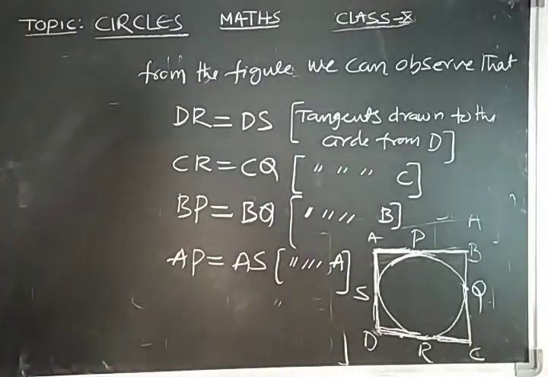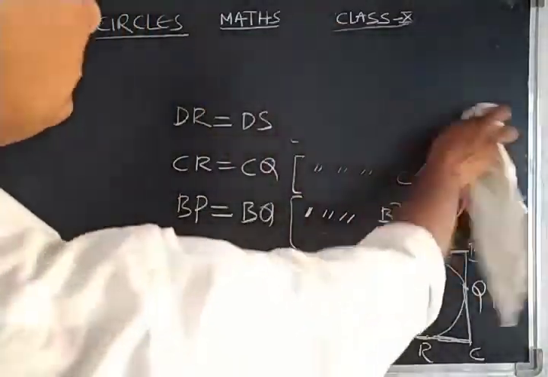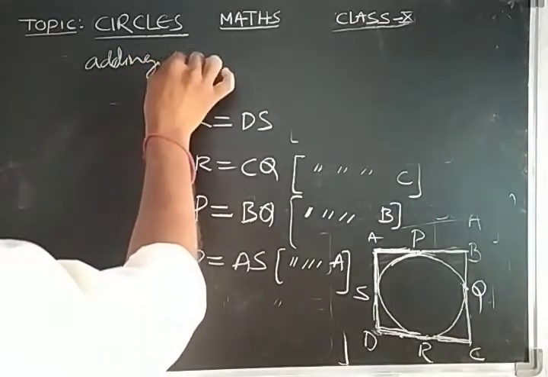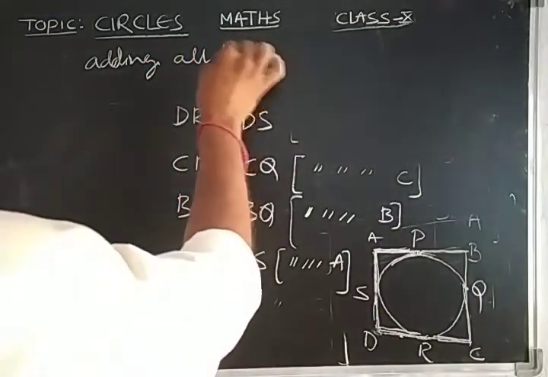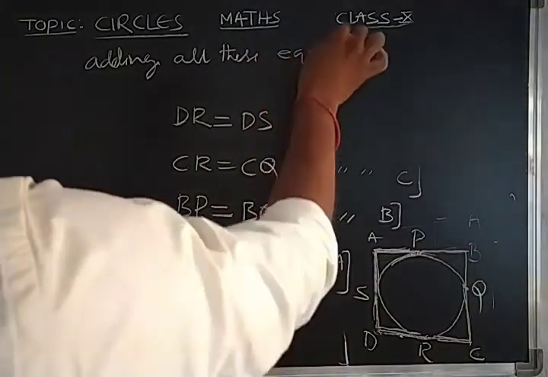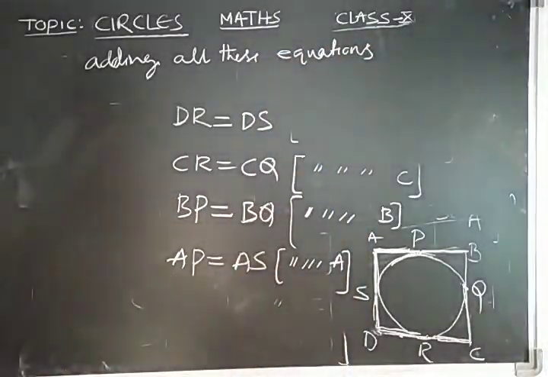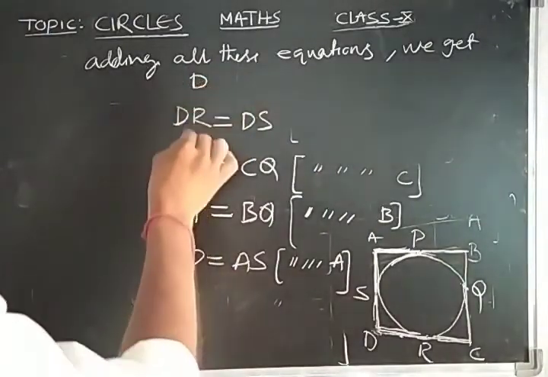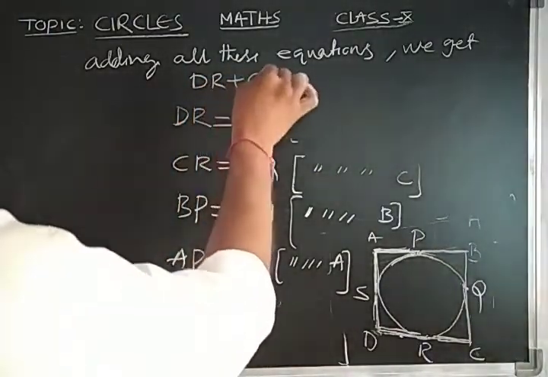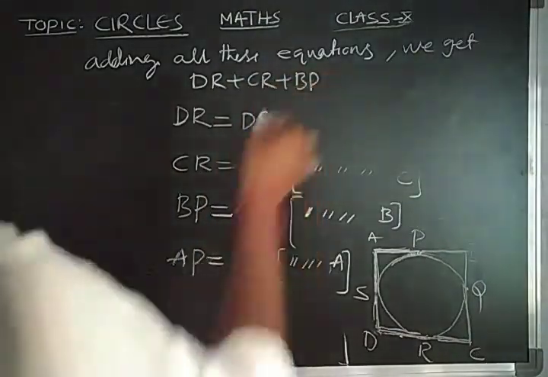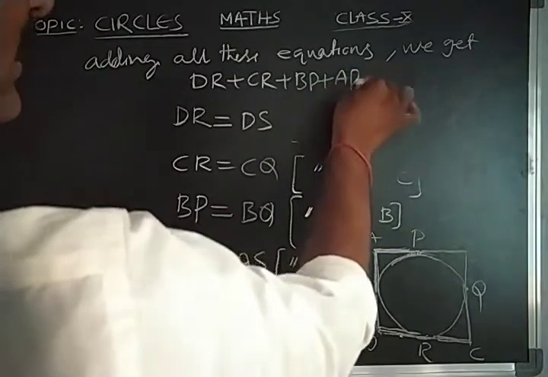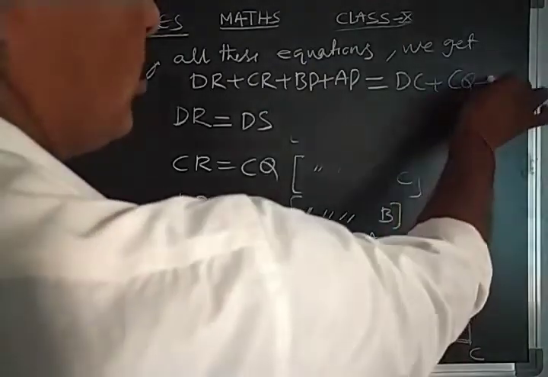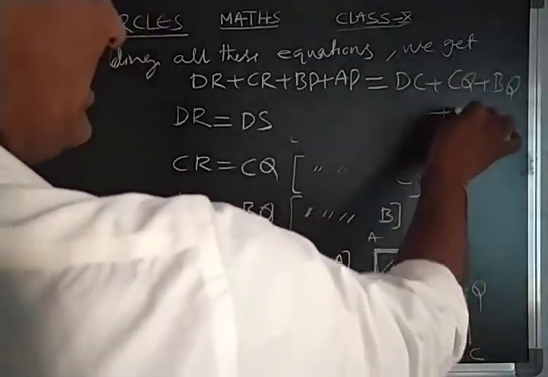Now I am going to add all these equalities. Adding all these equations, we get, on the left hand side, DR plus CR plus BP plus AP is equal to the right hand side, DS plus CQ plus BQ plus AS.